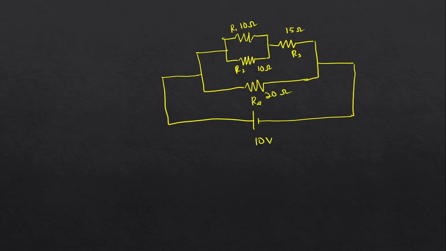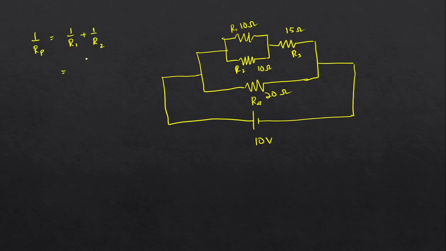So first let's try to calculate the total resistance offered by this part of the circuit. R1 and R2 are connected parallel to each other. So because they are connected in parallel, I can use 1 by Rp equals 1 by R1 plus 1 by R2.